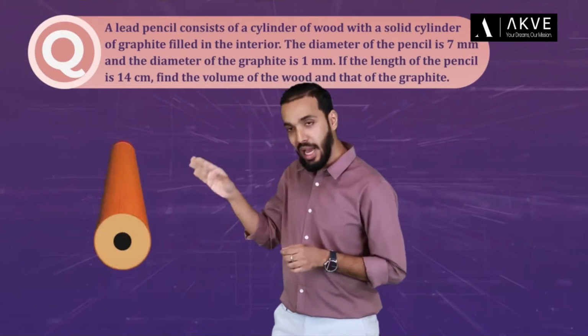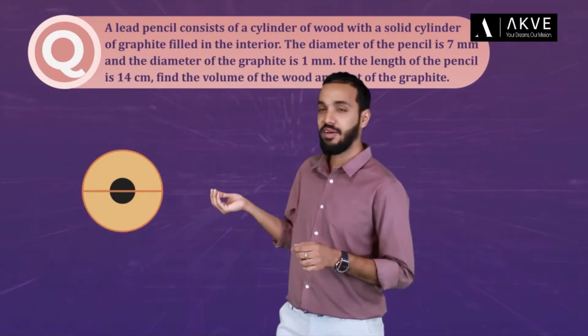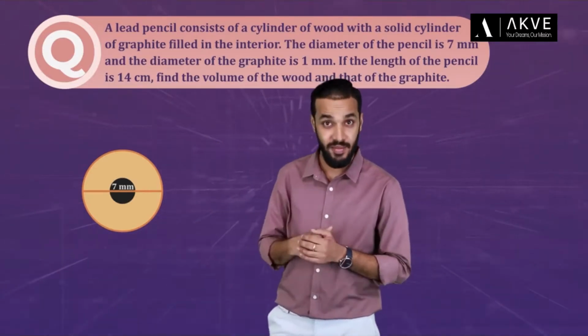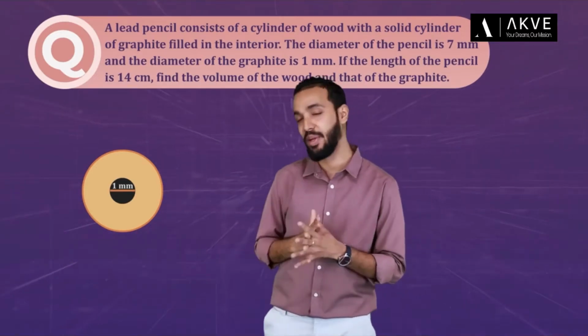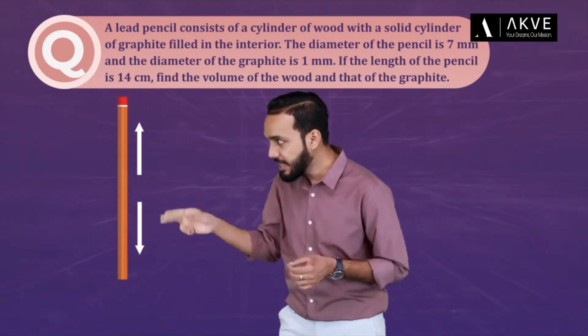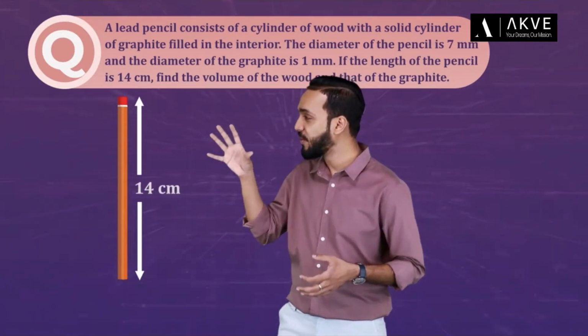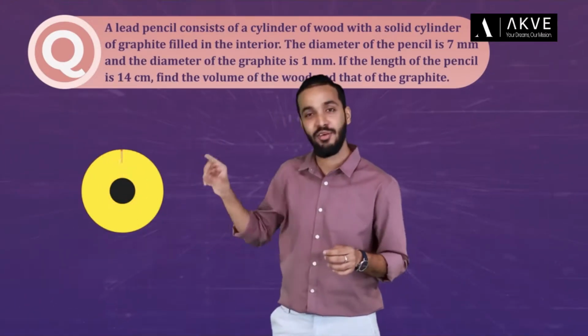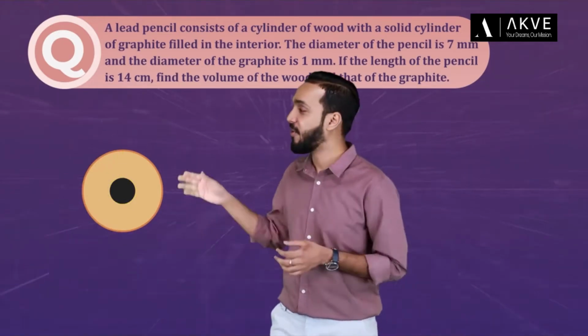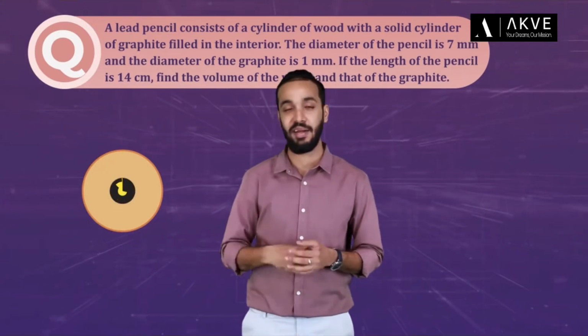Now, the diameter of the pencil is given as 7 millimeters and that of the graphite is 1 millimeter. Also, the length of the pencil is 14 centimeters. All we have to do is find the volume of the wood and also the volume of the graphite inside.